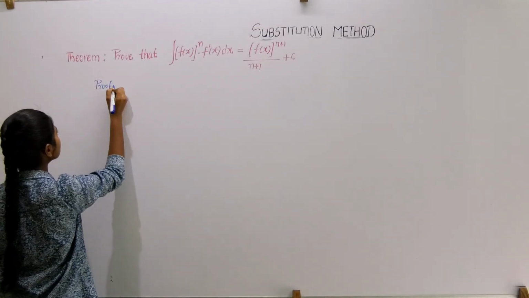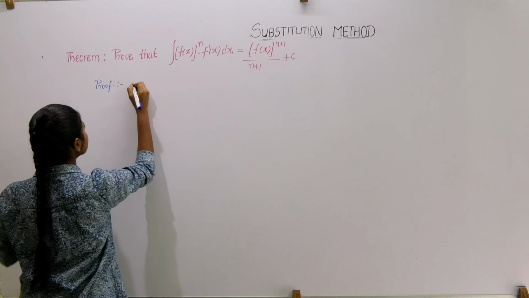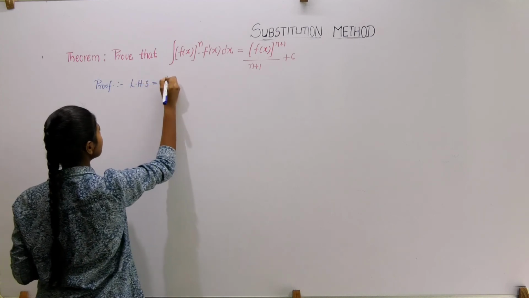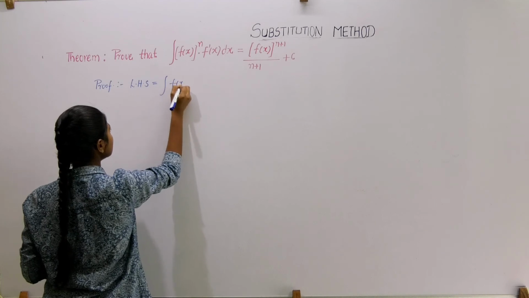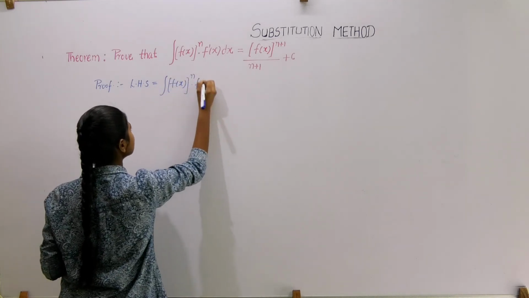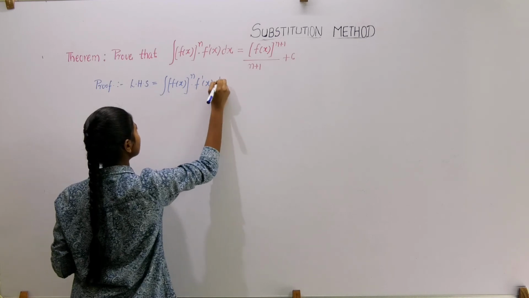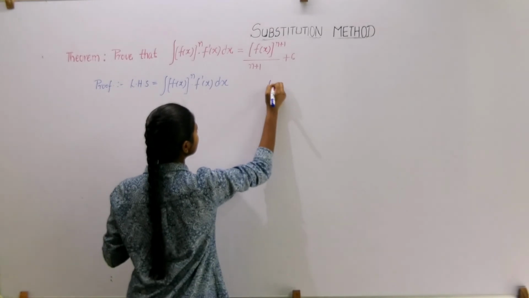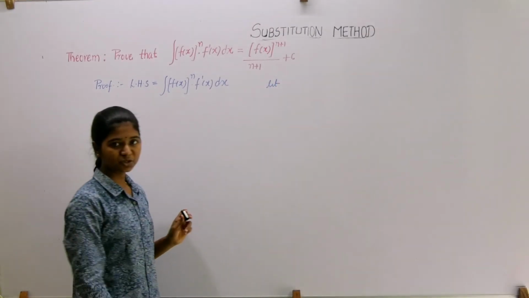Proof. In the left hand side, it is given that integral f of x whole power n into f dash of x dx. To solve this, let us go for substitution method.